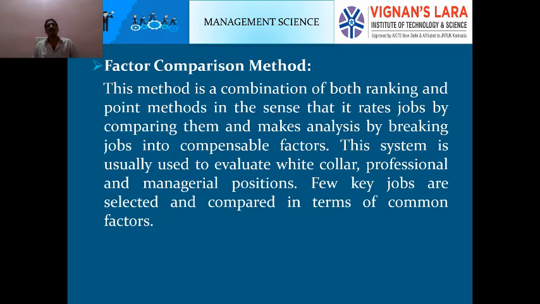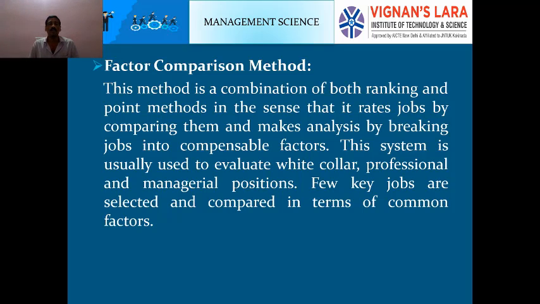These are all simultaneously considered if you want to give an appropriate value or certain conclusion regarding the output of the job. This method is a combination of both ranking and point method, in the sense that it rates jobs by comparing them and analyzes by breaking jobs into compensable factors, various factors.